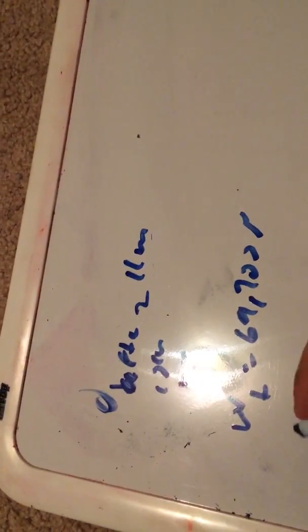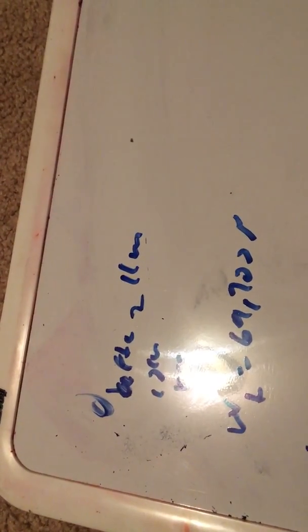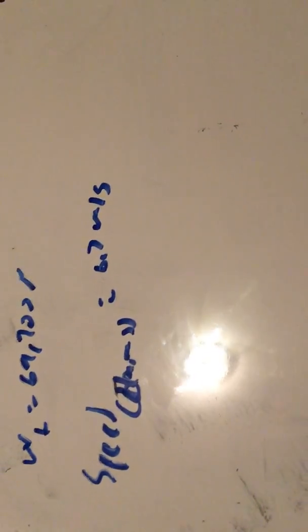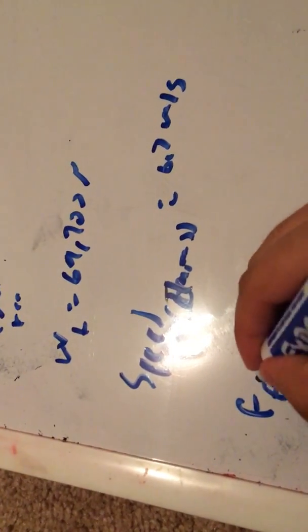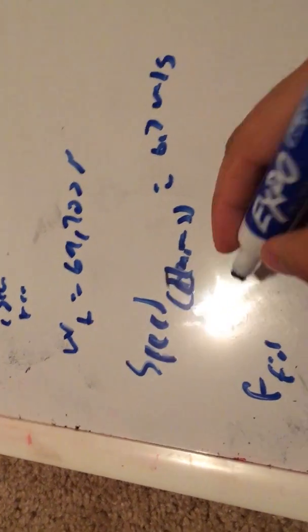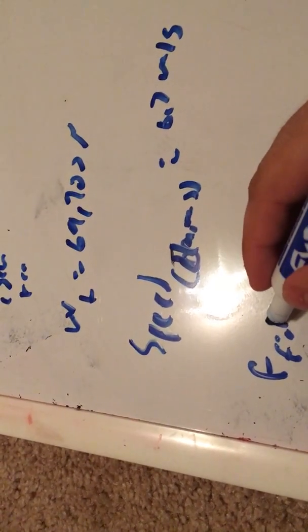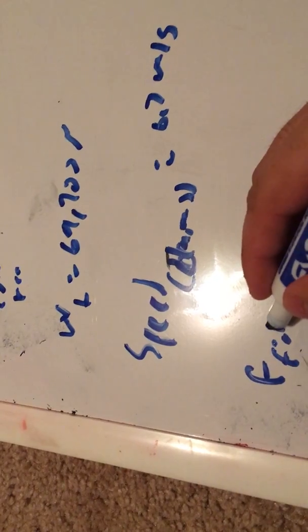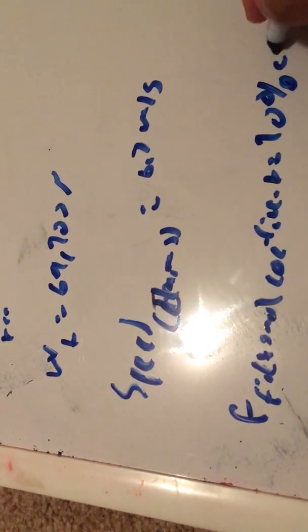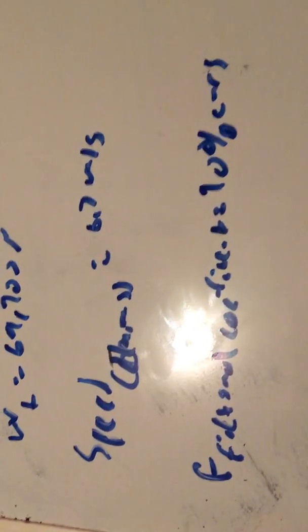Furthermore, we're told that the speed, or at least the speed that the truck driver claims, is 6.7 meters per second. Additionally, we're told that the frictional coefficient is 70% that of the car's.